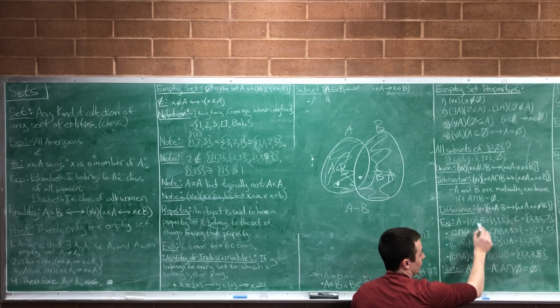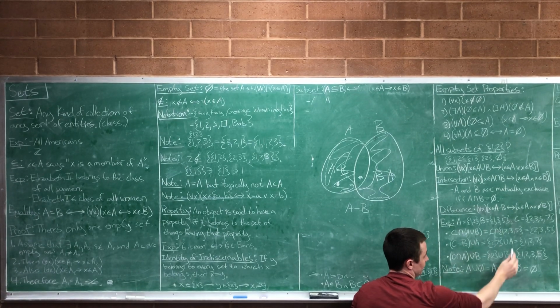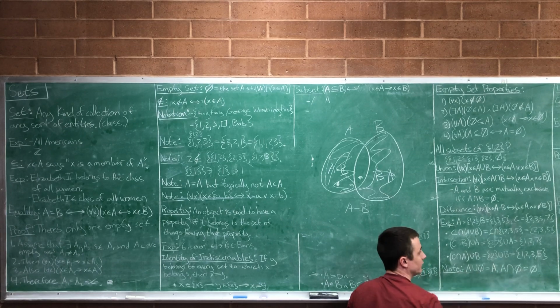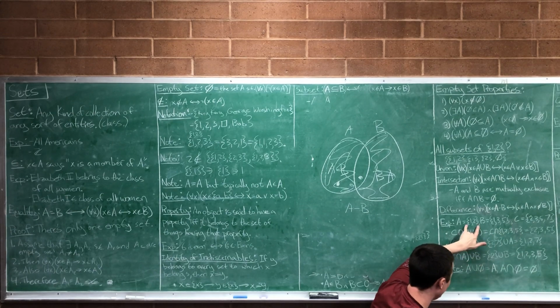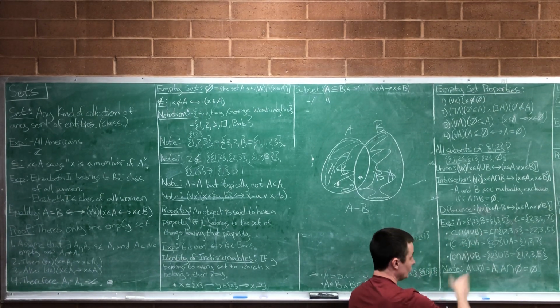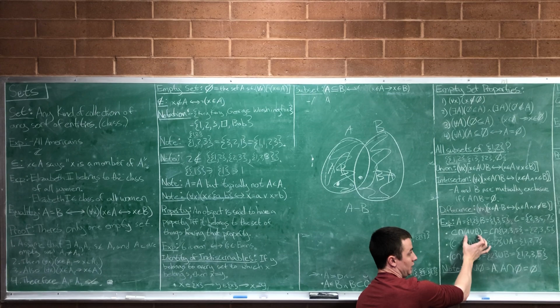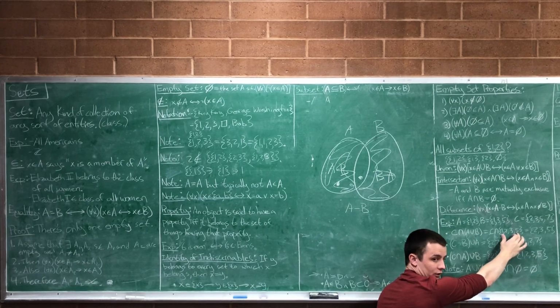Is 1 in here or here? Yes. Is 2? Yes. Is 3? Yes. Is 5? Yes. And that's it. Those are all the elements that are in A or B. So A union B is 1, 2, 3, 5. You good with the first step here?